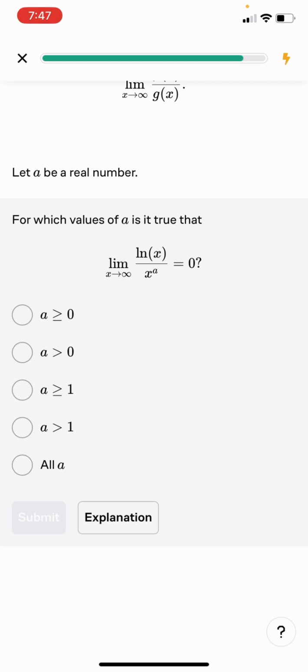Let a be a real number. For which values of a is it true that the limit as x goes to infinity of ln x over x to the a equals 0?